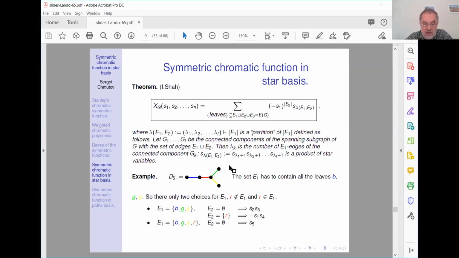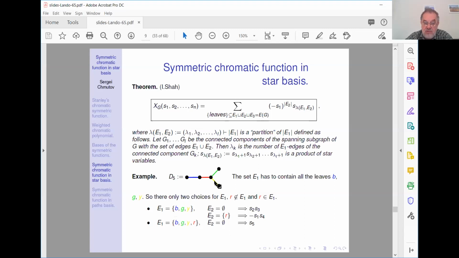That is the contribution into there. Now, the second possibility is the same E1, only the leaf edges, but E2 is going to consist of this R. So E3 is empty. Then the spanning graph with the union E1 and E2 is the entire graph here. And for that graph, there is only one connected component. And I need to count the number of E1 edges in that connected component, which is just 3.